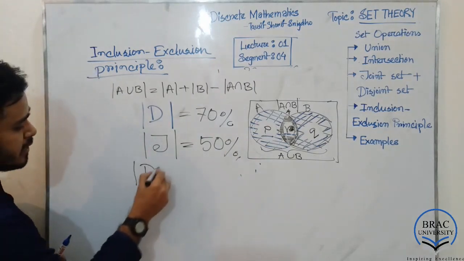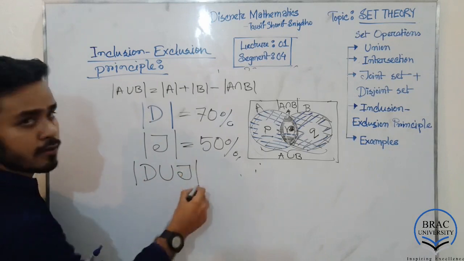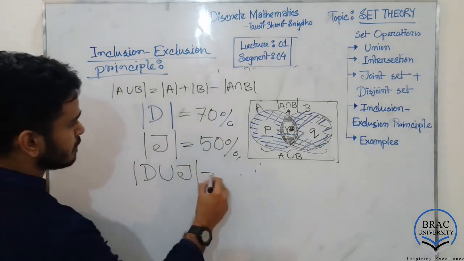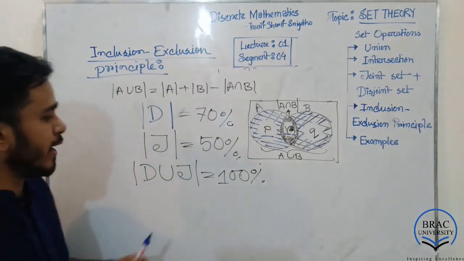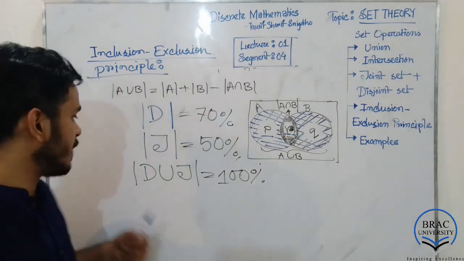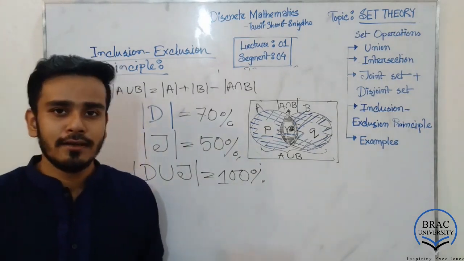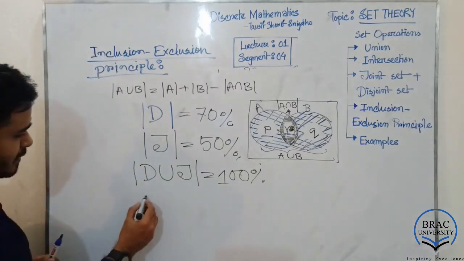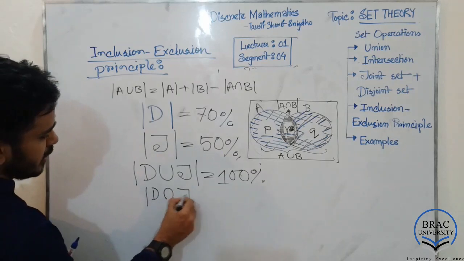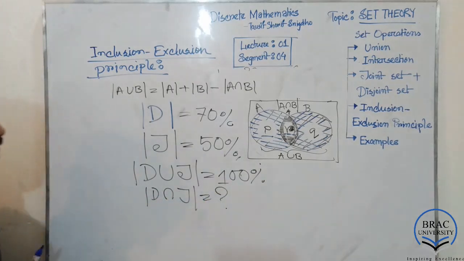That means cardinality of D union J is equal to 100%, and you are required to answer what percentage of Brahmanbarian people can make both dalgona coffee and jalebi. So D intersection J equals what?